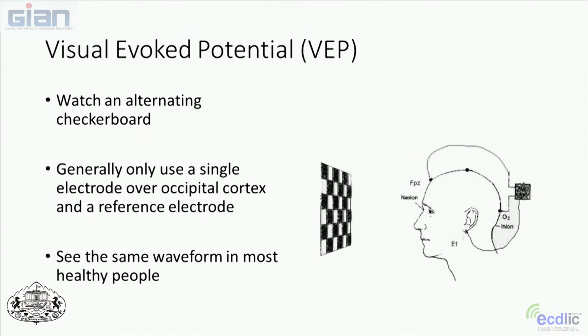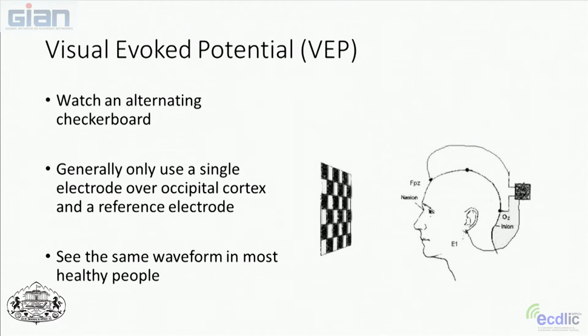So some types of evoked potential waves have been well characterized. We're just going to look at one such type here, which is a visual evoked potential, or a VEP. So this is an evoked potential that's measured while you're looking at an alternating checkerboard. So remember, we said the visual system of the brain focuses a lot on the lines and patterns.